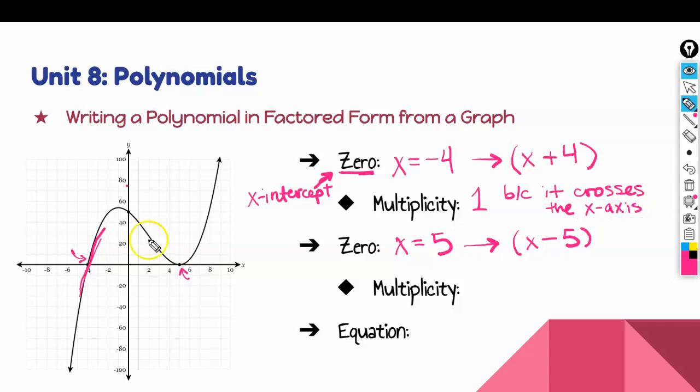For x equals 5, notice that it's not going through the x-axis. No, it is simply touching the x-axis. If it is touching the x-axis, if it's bouncing off of it, if it's a bump on the x-axis, that multiplicity is 2, because it touches the x-axis.